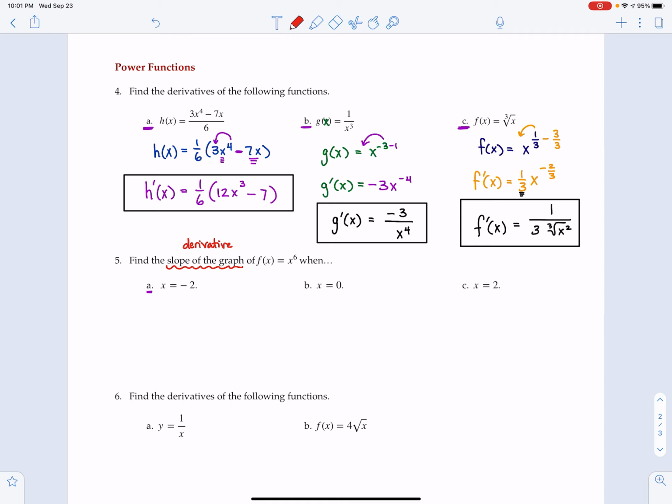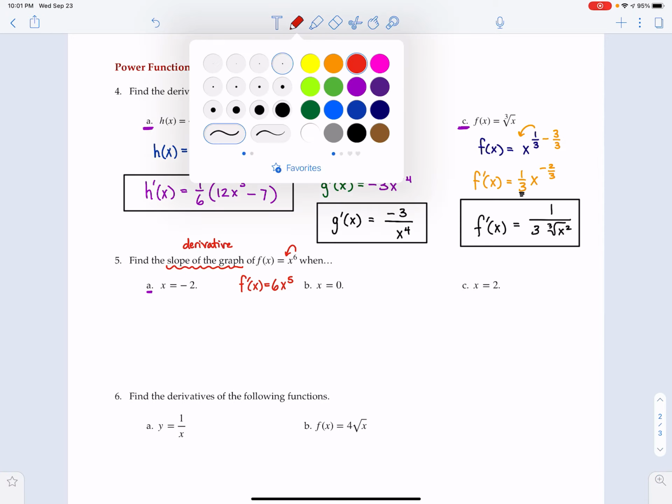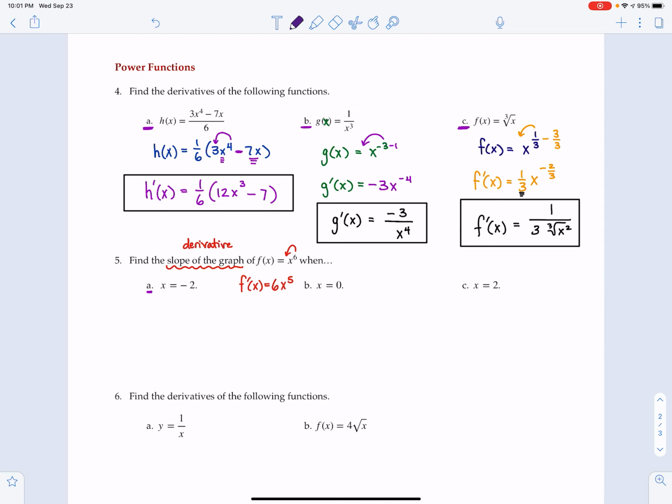The derivative of f of x can be written and should be written as f prime of x, and then we just apply the power rule. X to the sixth, if we're taking the derivative, 6 comes out in front, x to the 6 minus 1, which is 5. So for all three of these problems, all I'm doing is plugging in the x value into that equation.